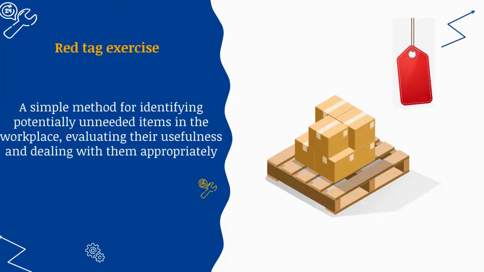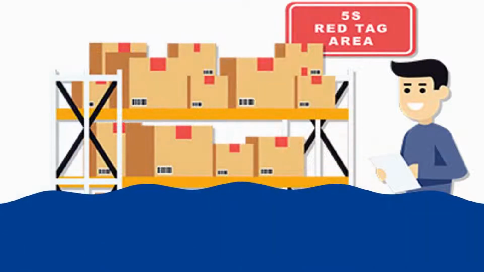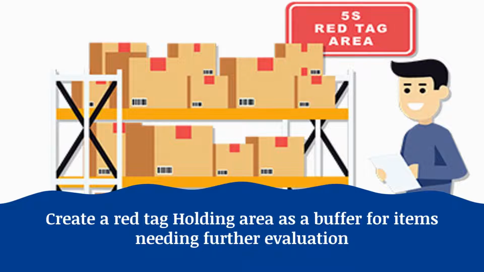As you might already know, it's not always easy to identify what is unneeded in the workplace. The red tag exercise is a simple method for identifying potentially unneeded items in the factory, evaluating their usefulness, and dealing with them appropriately. Creating a red tag holding area may help to provide a safety net between questioning whether something is needed and actually getting rid of that item.